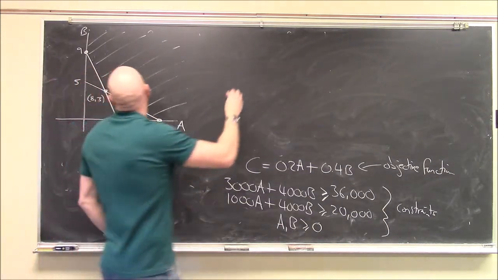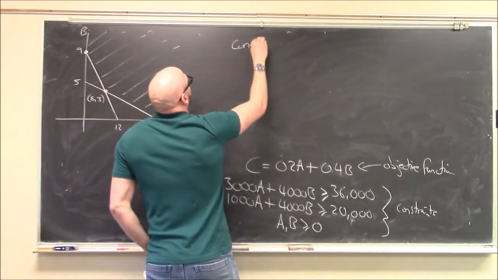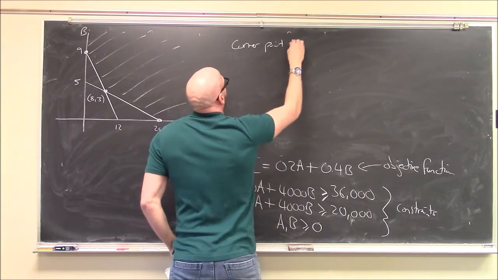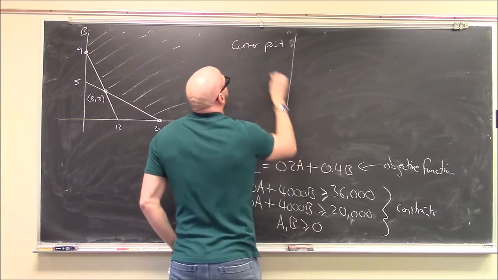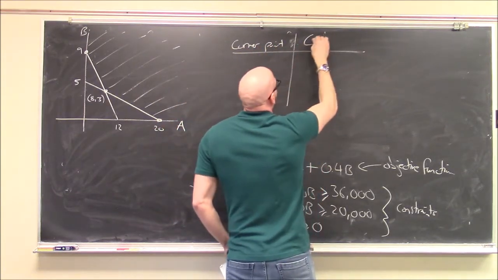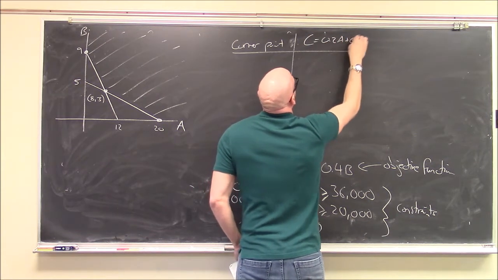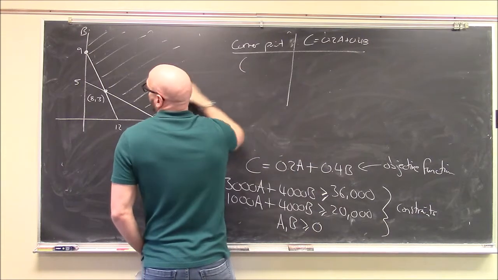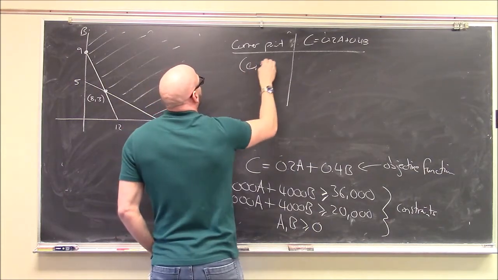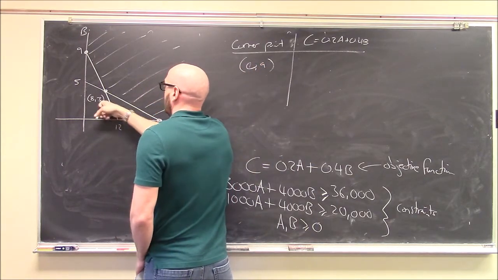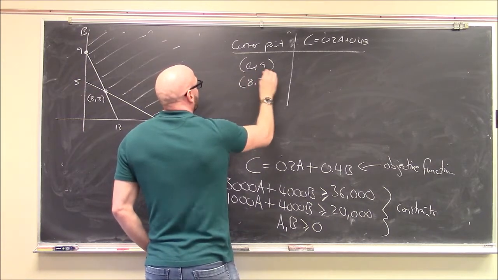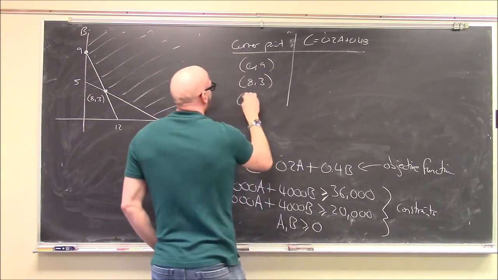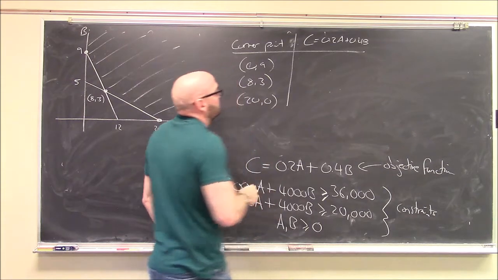So we'll just make a corner point table really quickly. Here's the cost function, 0.2 times A plus 0.4 times B. And our corner points are 0 and 9, 8 and 3, and 20 and 0.